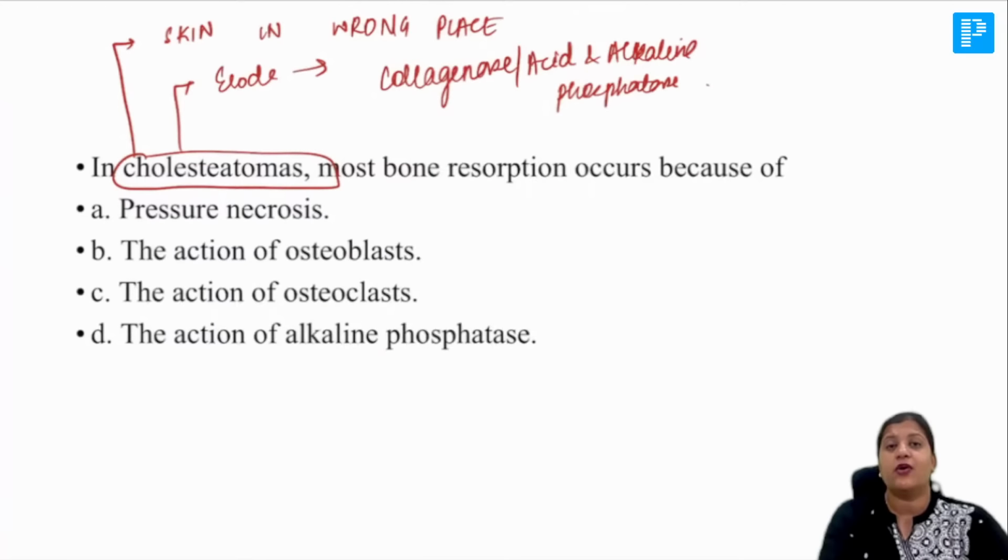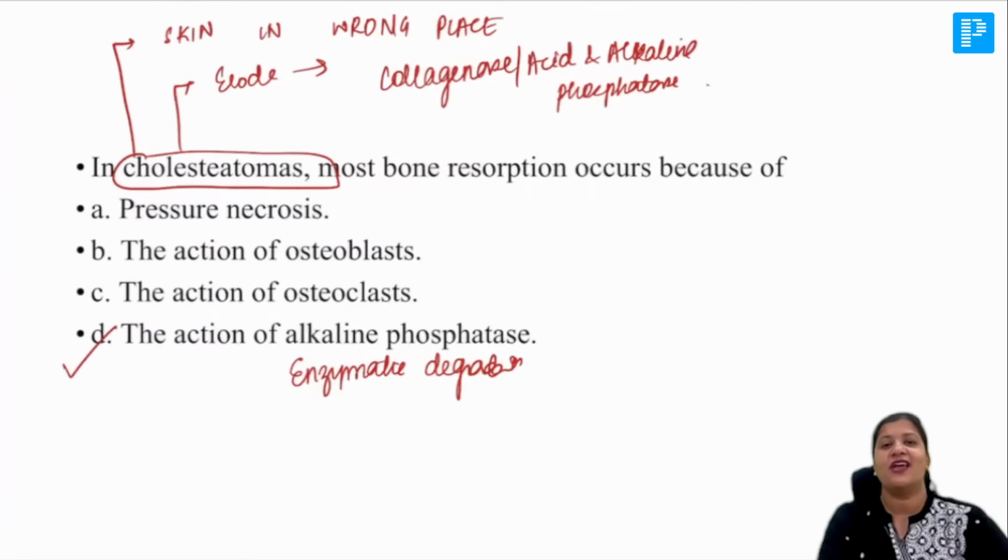So is it because of pressure, osteoblast, osteoclastic activity, or is it because of enzymatic degradation? It is because of enzymatic degradation that it is going to spread. I see most of you have gone wrong in this particular question, but most cholesteatomas are going to spread because of enzymatic degradation. It is not because of pressure, not because of osteoclast or osteoblastic activity.